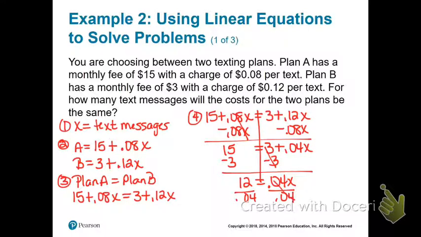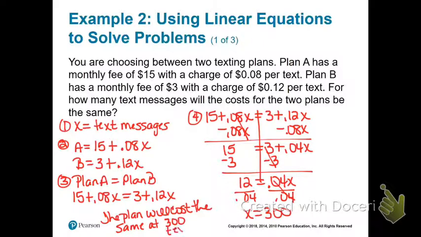And so we find that our x is equal to 300. Now, what were we after? We were just after how many text messages. So we were just after the x, right? So the number of text messages would be 300. So the plans will cost the same at 300 text messages.